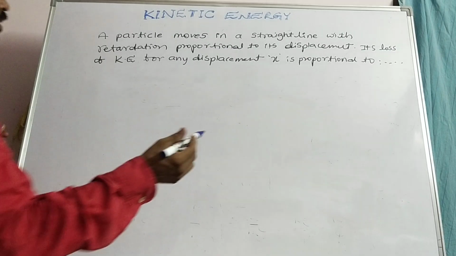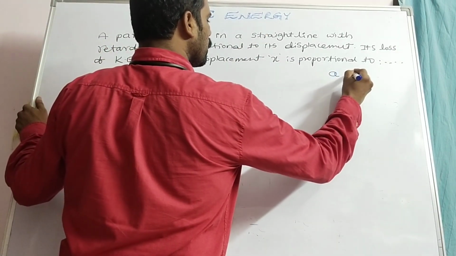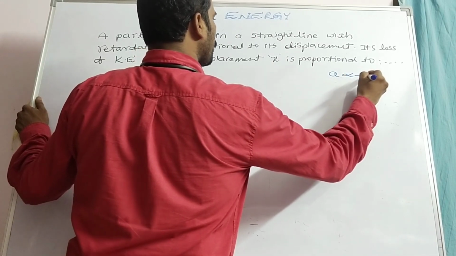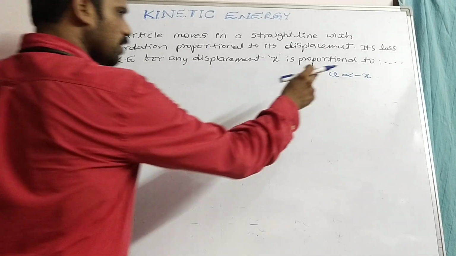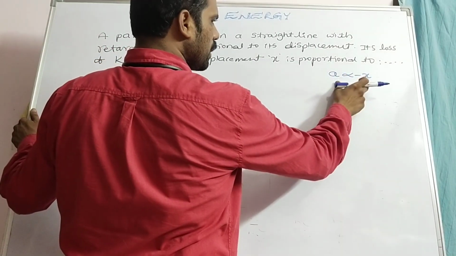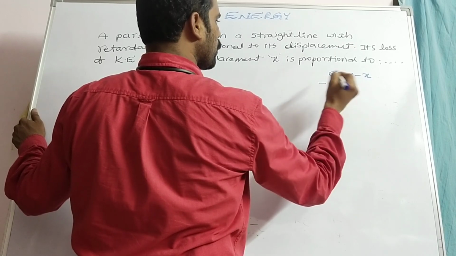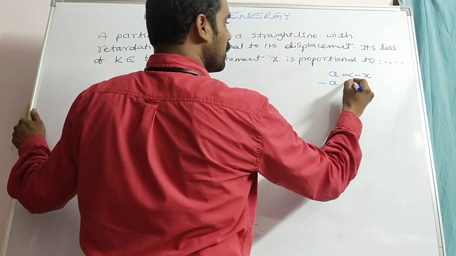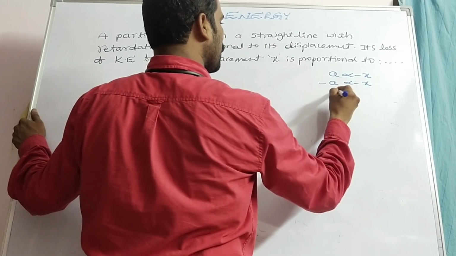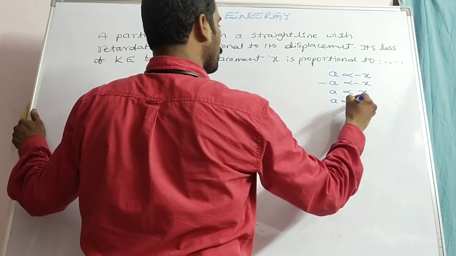In general, in simple harmonic motion, acceleration is always directly proportional to the displacement and both act in opposite directions. But here it is given as deceleration, so we have to take a minus. For deceleration, minus a is proportional to minus x, and hence deceleration is proportional to x.